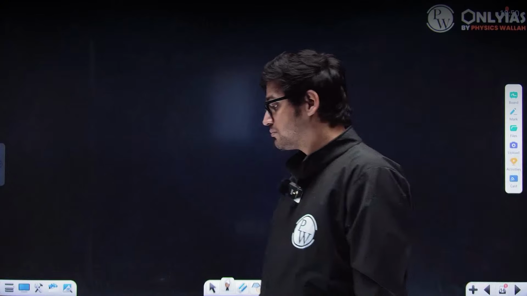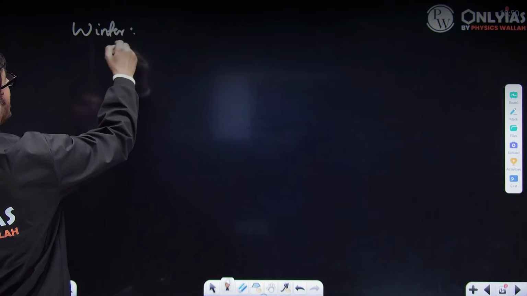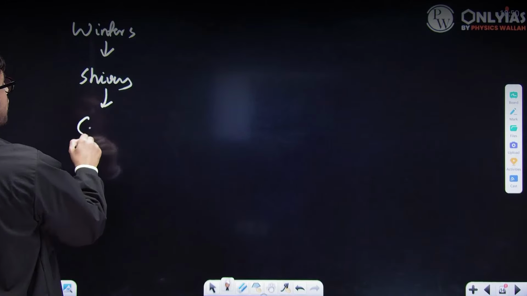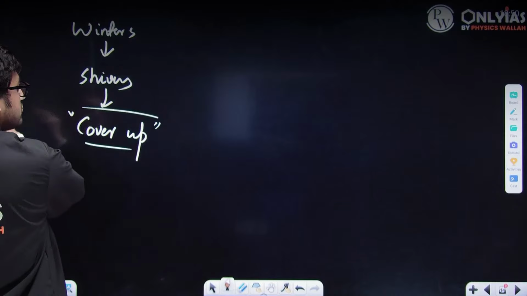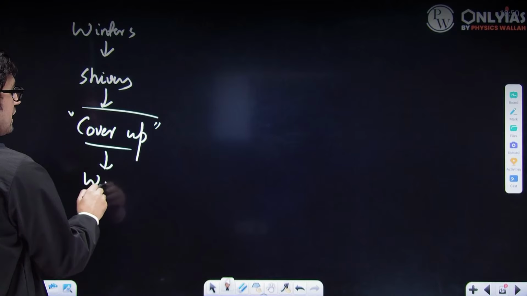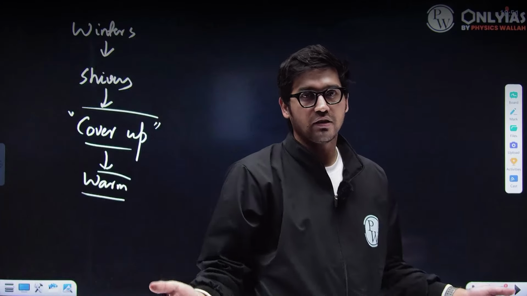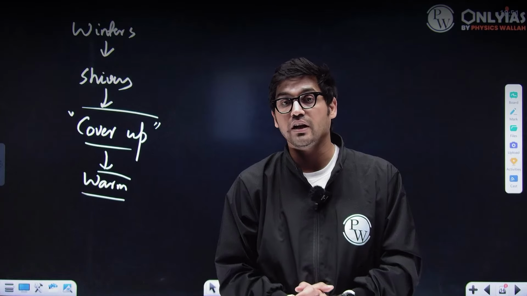Think of another item. It is already winters, and because winters cause shivers, quite obviously you would want to cover yourself up. You would want to feel warm. It's very, very harsh winters in the north of India.